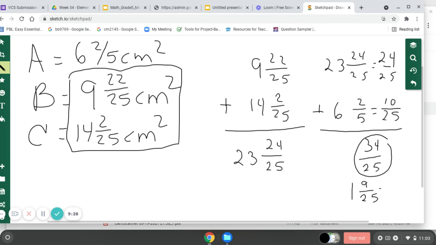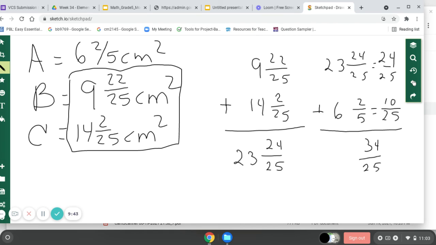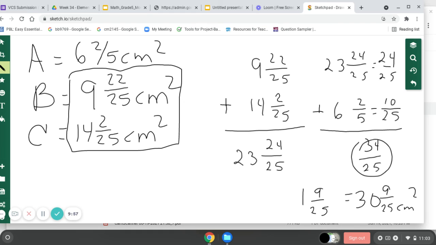So our final answer becomes 30 and 9/25 centimeters squared.